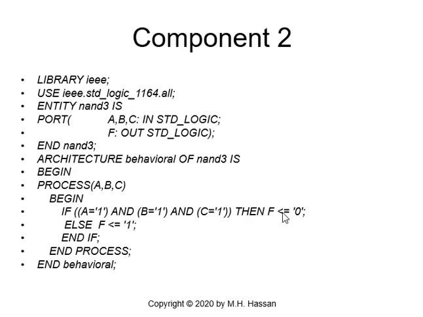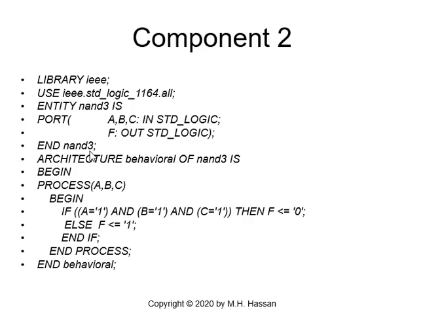The assignment sign is less than and equal to, then 0 between quotes. This is binary data. Else F will be 1. Any other values of ABC will generate 1 at the output. Then end process and end behavioral, which is the architecture name.